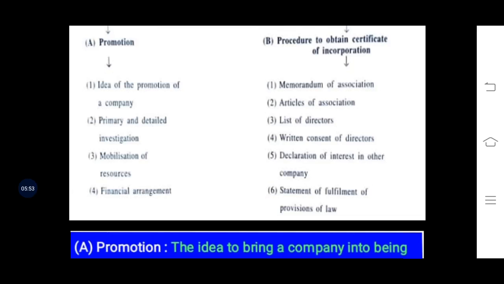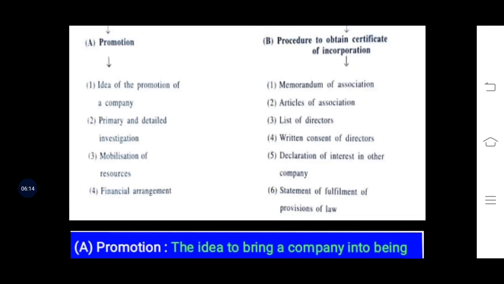So in the Articles of Association, the inner part, or you can say the daily working part of the company, will be mentioned, and the rules and regulations regarding that will be mentioned in the Articles of Association.